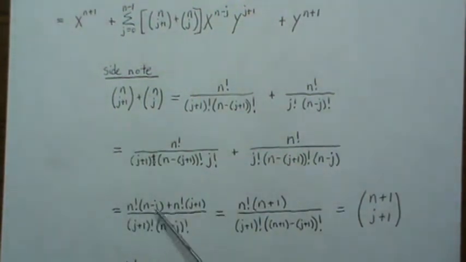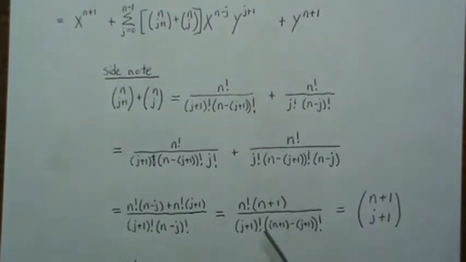But if we factor out an n factorial, that leaves n minus j plus 1, and the j's cancel, leaving an n plus 1. But this right here is just n plus 1 factorial. Now the denominator, we keep it the same. And then here, if we add 1 and subtract 1, then we get the same.